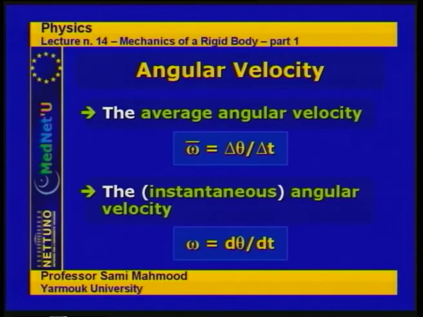The limit as delta t goes to 0 of delta theta over delta t is simply d theta over dt, and thus the instantaneous angular velocity, or similarly the angular velocity of the rotating object, is defined as omega is equal to d theta by dt.